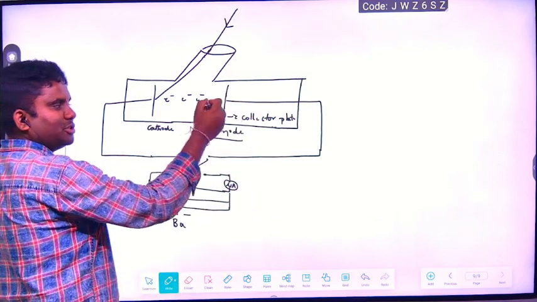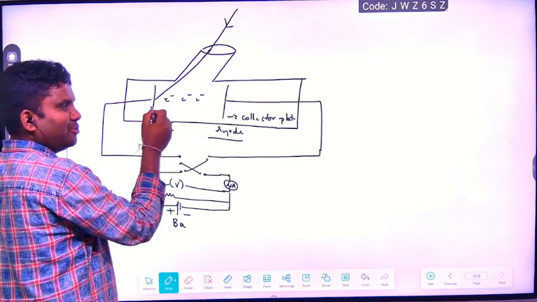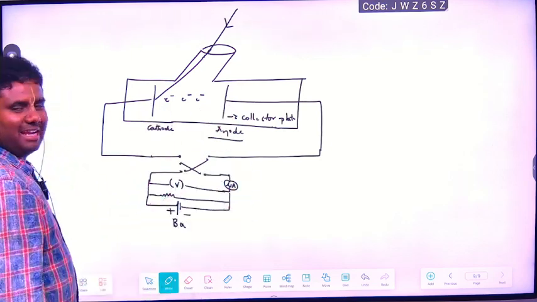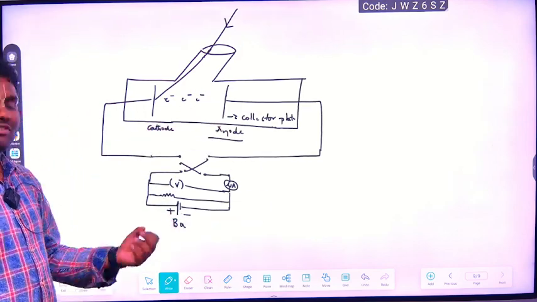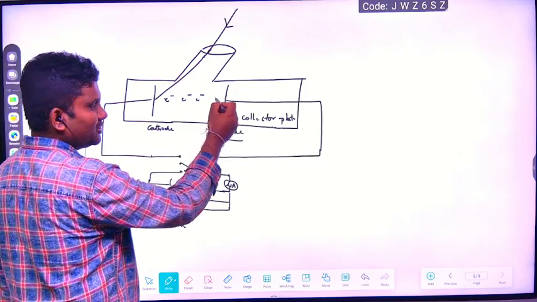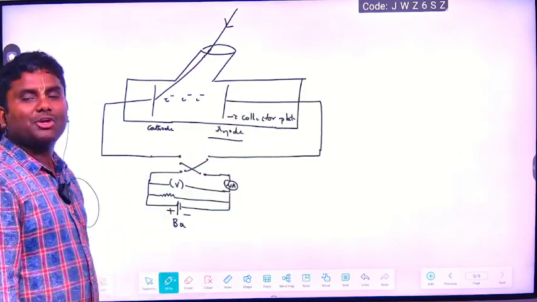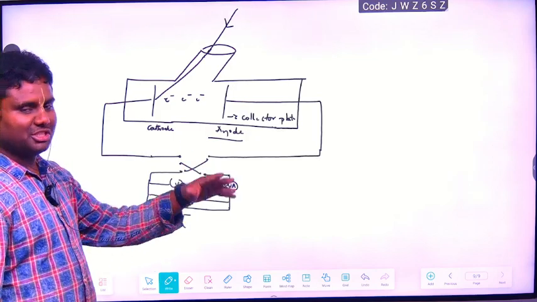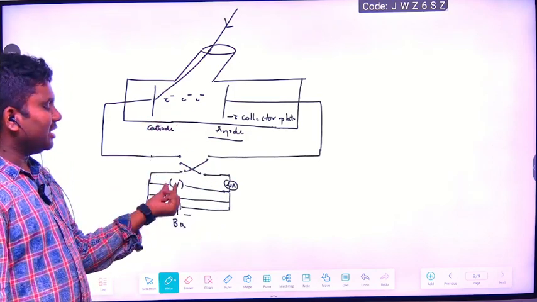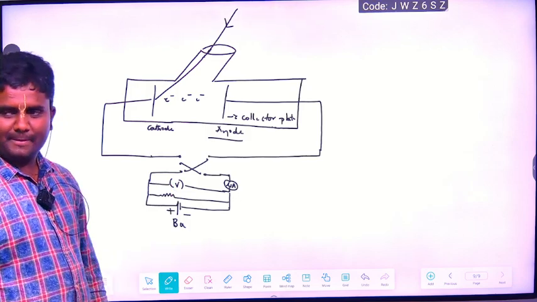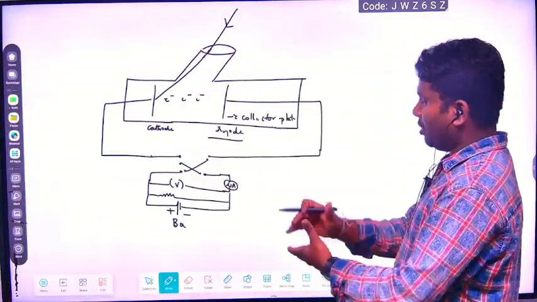If I give positive potential, electrons will be attracted towards it, and if I give negative potential to the cathode, electrons will be repelled and come out easily from the metal surface. This is the function of the battery. The electrons attracted by the collector plate will show in the microammeter as a current deflection. How much voltage difference we are maintaining is given by this voltmeter. So this is what the experiment does.